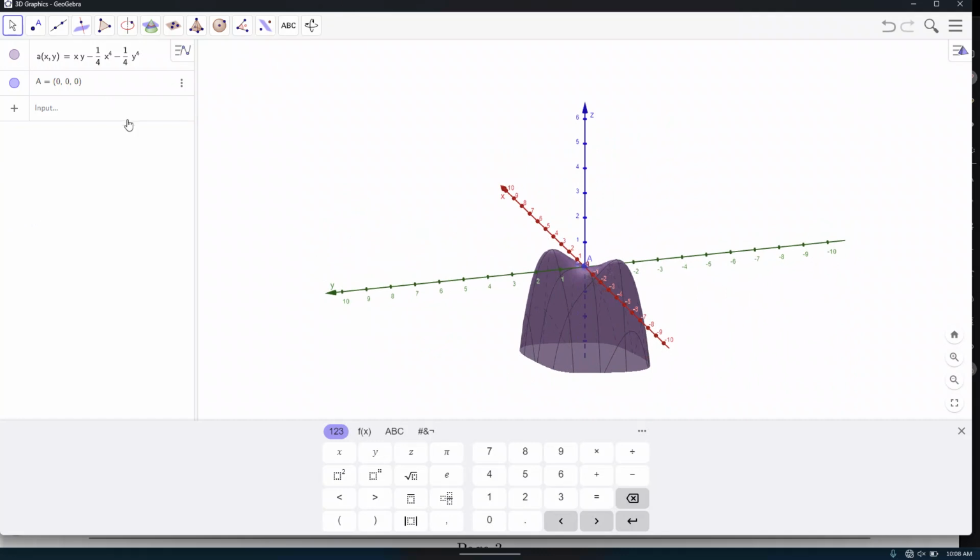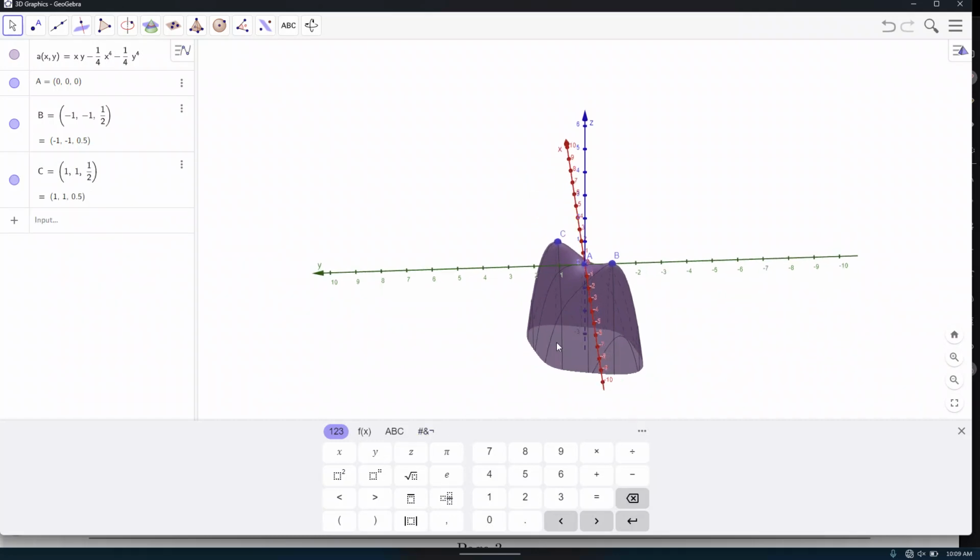And then what about the maximum points? That is negative 1, negative 1, 1/2. Is that the maximum point? Let me do the other point. Finally, 1, 1, 1/2. There it is.